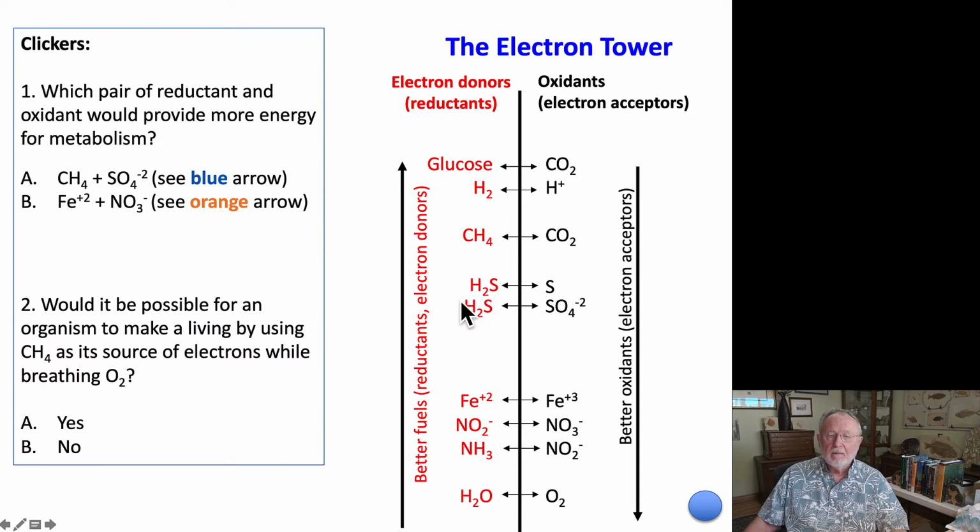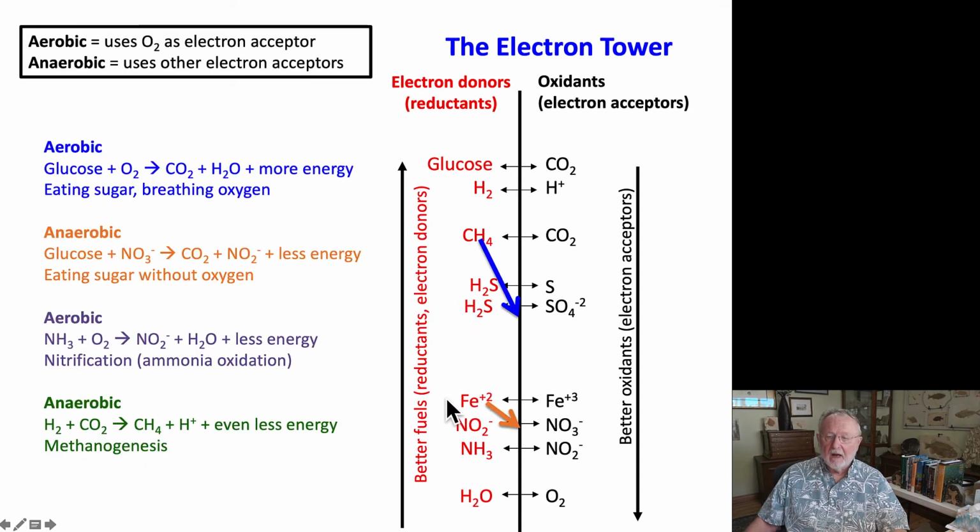Or we could see iron 2+ interacting with nitrate to form iron 3+ plus nitrite. Both of those reactions can take place. We see them in the Winogradsky column, but they don't release as much energy as the glucose and oxygen reaction to produce water and CO2.